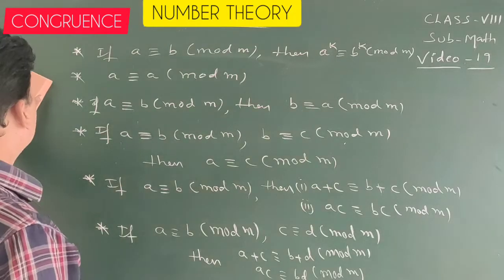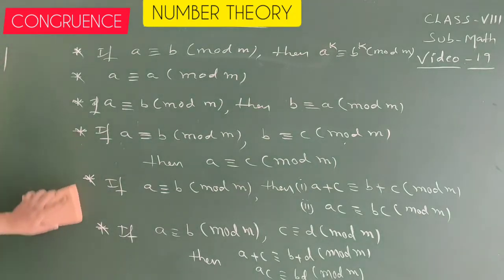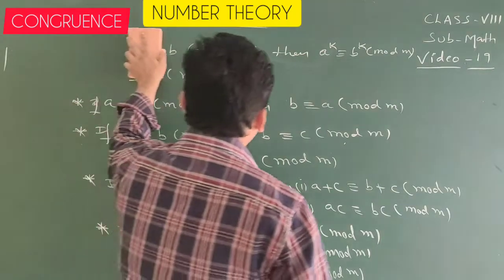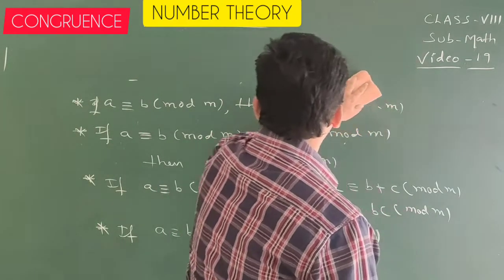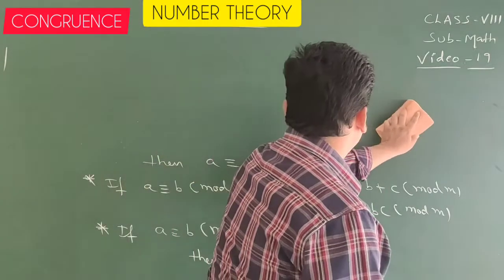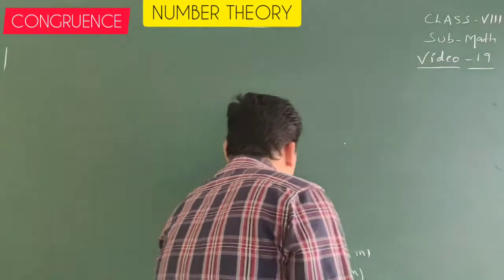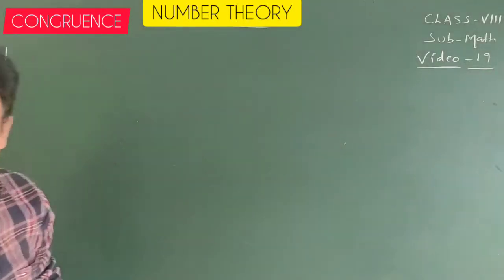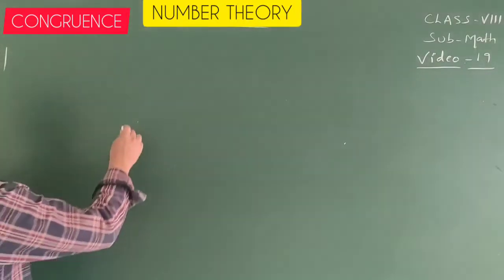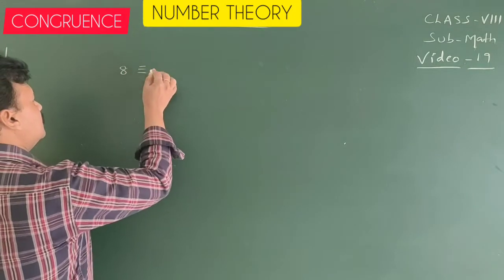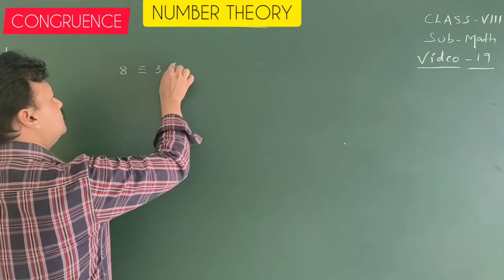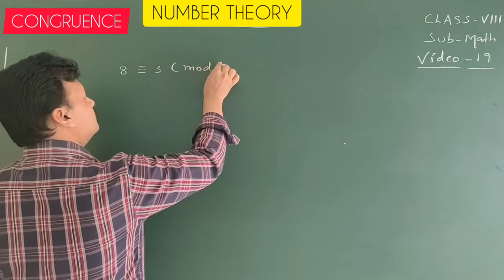In this class, we have to discuss problems based on these congruences. I will use some examples. For example, 8 is congruent to 3 mod 5.